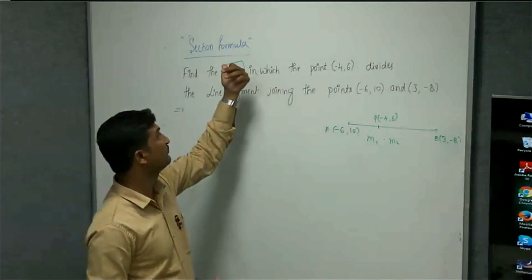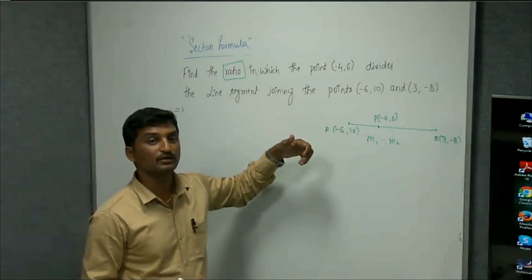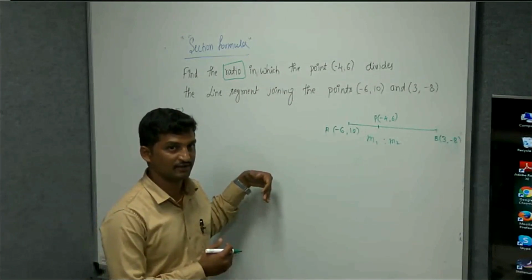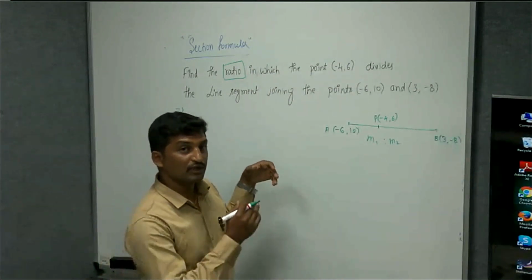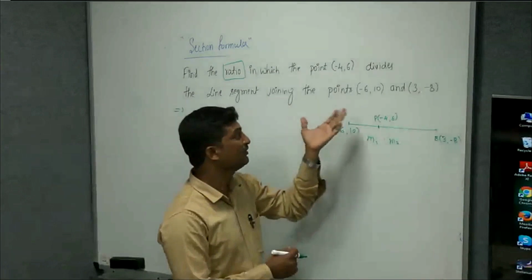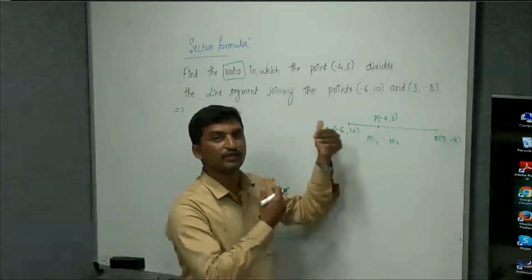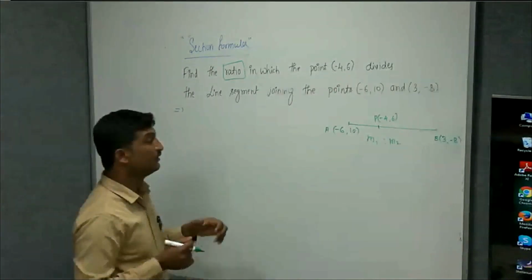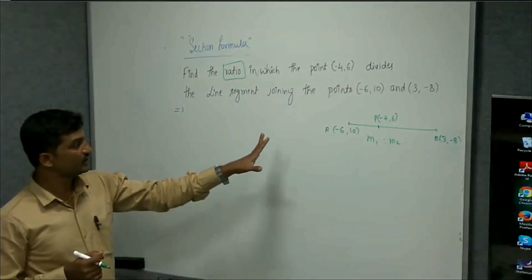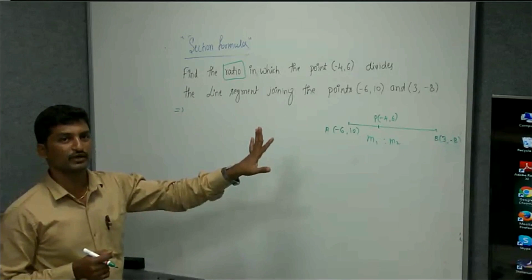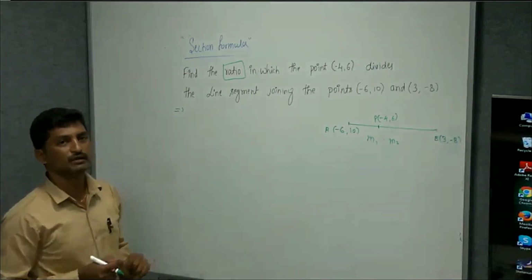In the section formula we discussed the formula to find the coordinates. Dear students, you can use the same formula because they have given the coordinates, so you can calculate the ratio. If they have given a ratio, then you can calculate the coordinates. For this purpose, you can take any one formula, either for the coordinate x or y, and you will get the value.